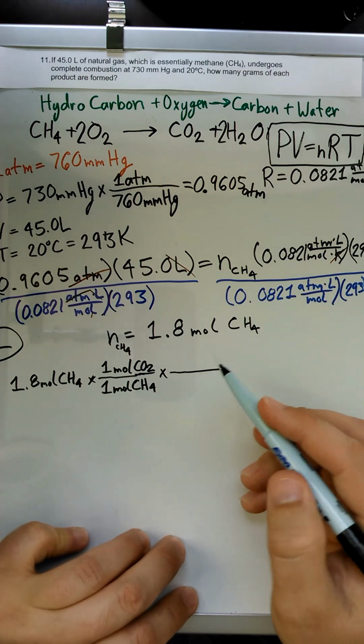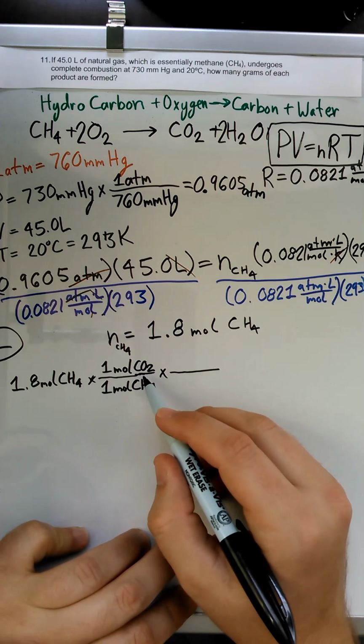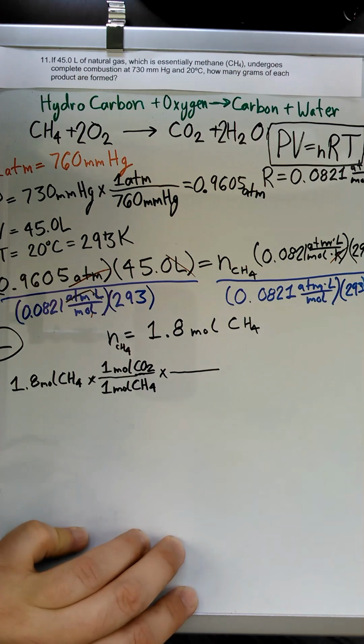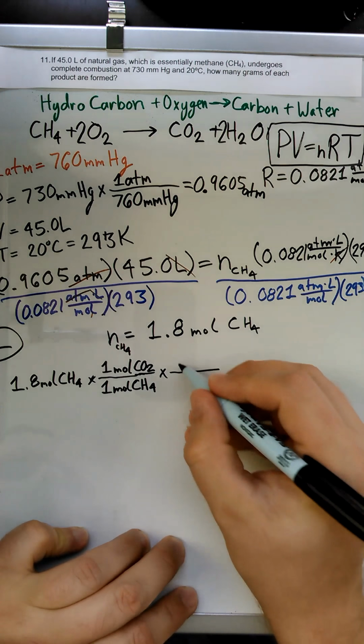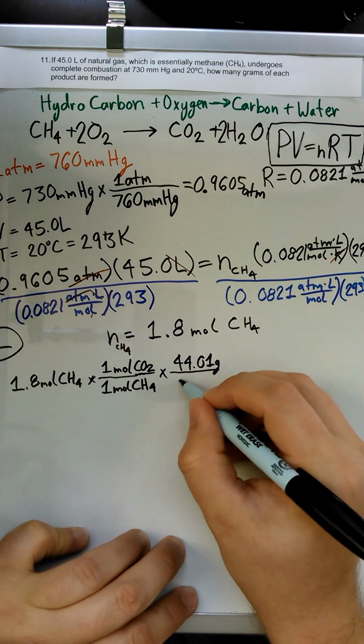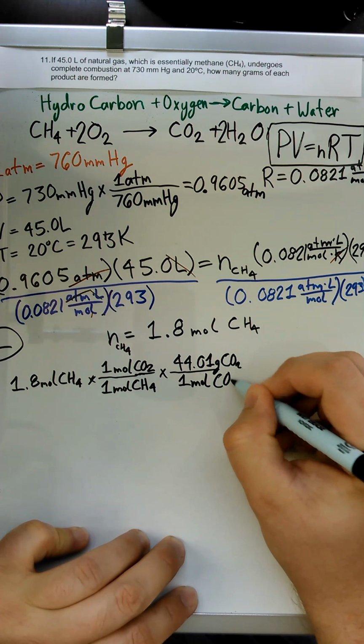Finally, to get to a mass of carbon dioxide, we multiply the moles of carbon dioxide by the molar mass. For carbon dioxide, that molar mass is 44.01 grams per every 1 mole of carbon dioxide.